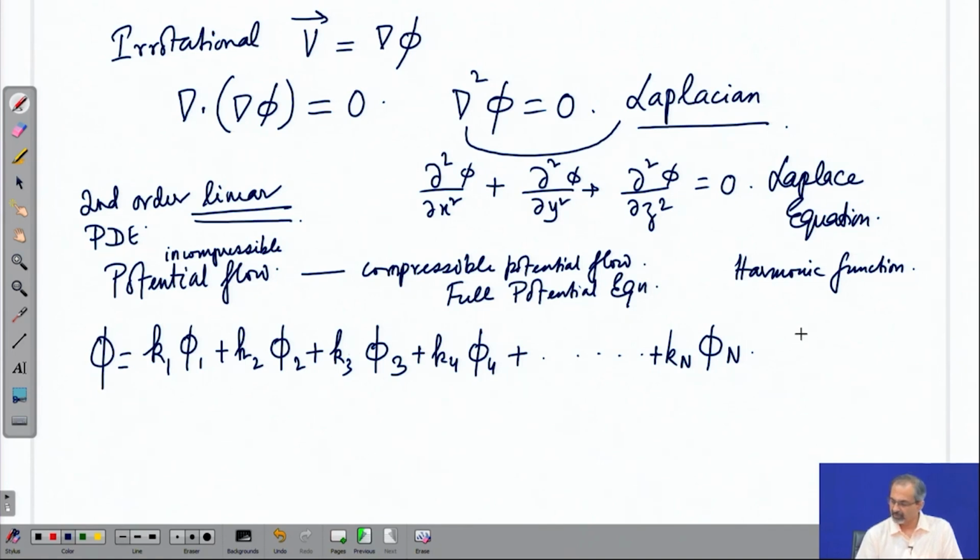You can look at it in your spare time as a homework, how this is possible. You just have to substitute this form into the Laplace equation and see whether it is satisfied or not.